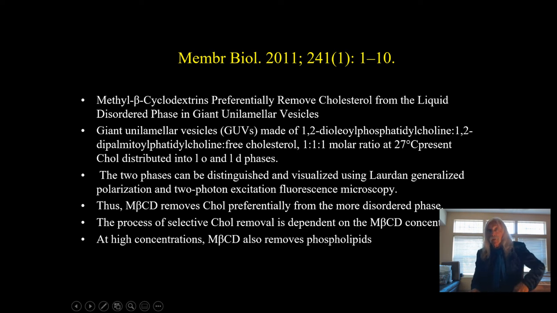These are good lipid people, membrane biology paper. The two phases of that membrane lipid component, biophysical phases, can be distinguished and visualized using Laurdan generalized polarization. This is an optical sort of method associated with a two-photon excitation fluorescence microscopy. This is just naming you one of the techniques used in membrane biophysics and biochemistry. Thus, M-beta-CD removes cholesterol preferentially from the more disordered phase.